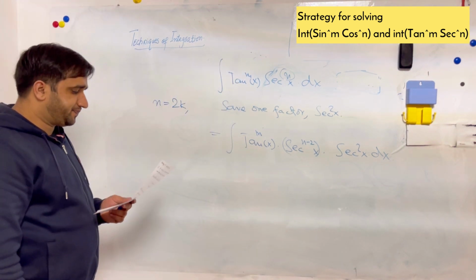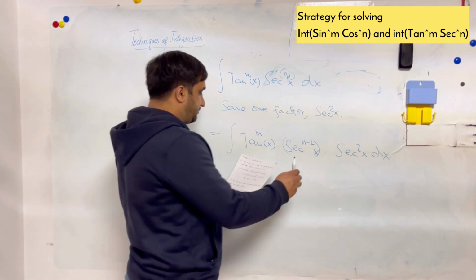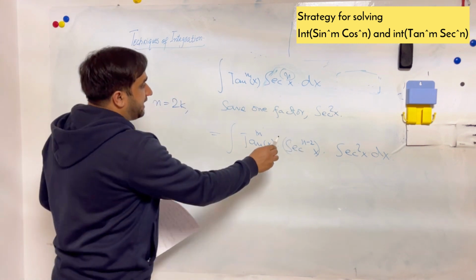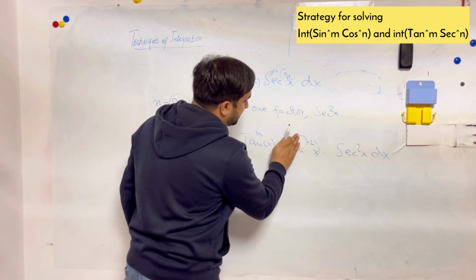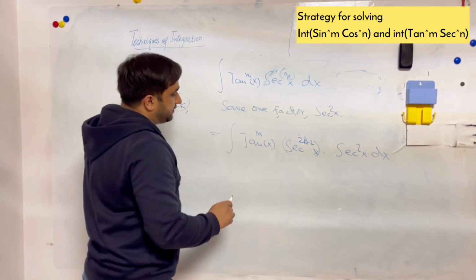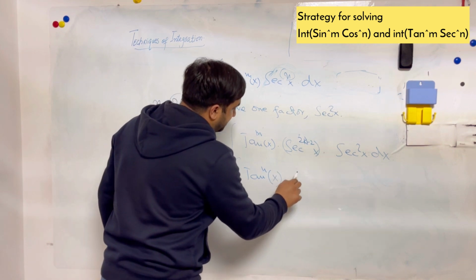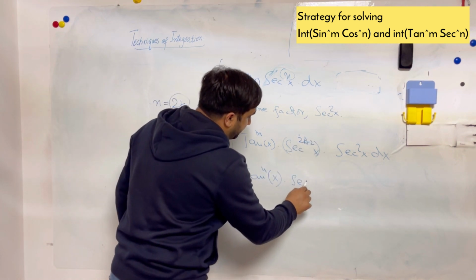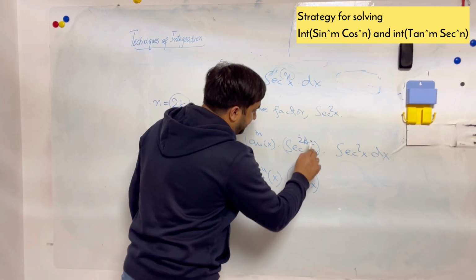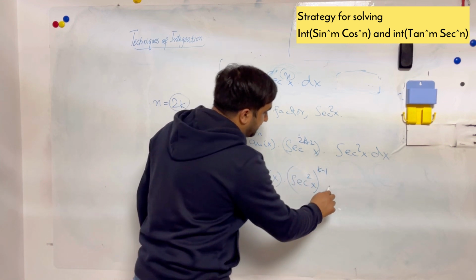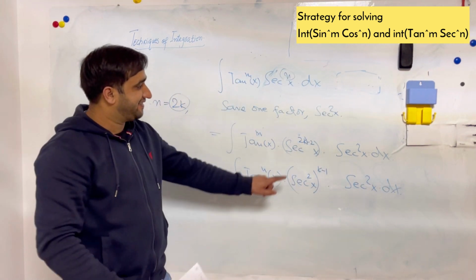Now n minus 2, and I already told you that n is equal to 2k, so it will actually be 2k minus 2. So it will become tan m of x, and take the common 2, so it will become secant square x raised to the power k minus 1, into the one secant square x you already took. Do you understand what's happened here?